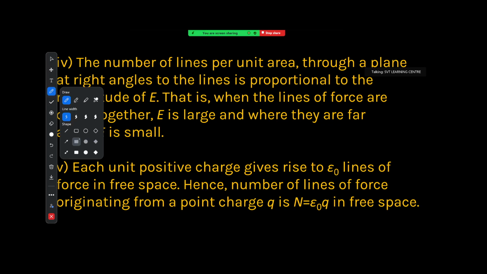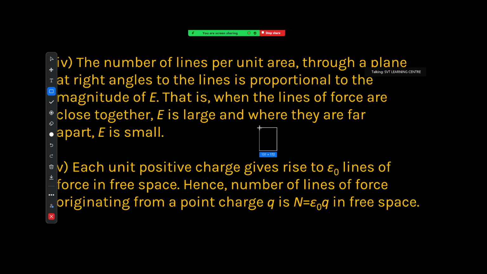So let us say that we take a surface, and our electrical field lines pass normal to the surface. They are passing like this, at this point.